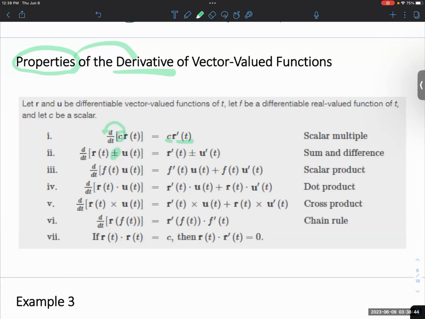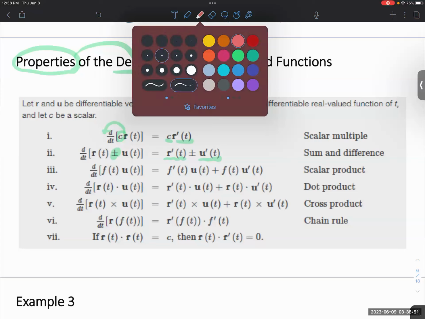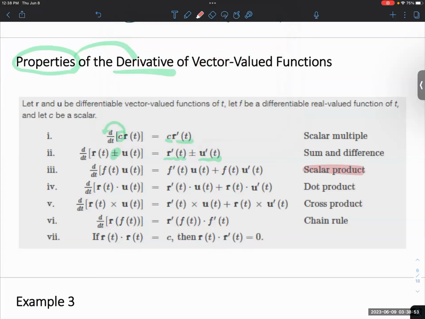With plus or minus, you can take the derivative separately or together. The next one is important. I'm going to show you the scalar product, and then the dot product and cross product. We learned a couple of different types of product. The scalar product is the same as the product rule.